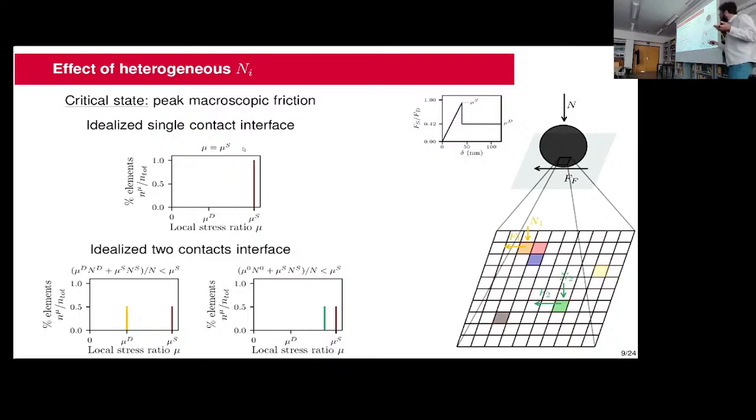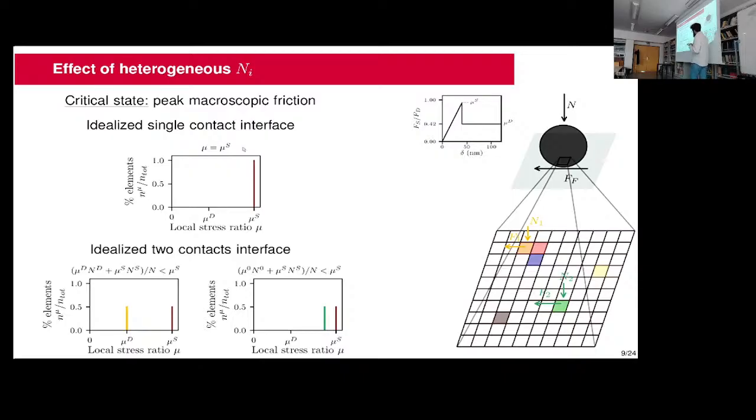The other case is that when the first asperity breaks, the stress redistribution is sufficient to trigger the failure of the other asperity. In this case, the asperity with the highest normal load is not able to reach its maximum contribution to the static friction coefficient. So in some sense, it's subcritical, and it can never reach the static friction.